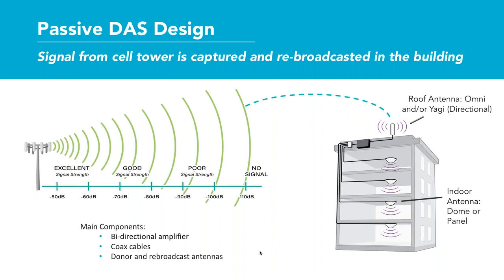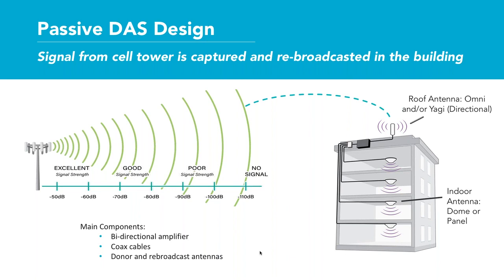It's rebroadcast through the coax cable, which is typically an LMR400, to the BDA, the bidirectional amplifier. From there, it's sent back through the coax cables to the antennas that are networked throughout the building, and the signal is rebroadcast inside the building from those antennas to your device, and it's also boosted signal back to the cell tower. So you're getting both the downlink and the uplink gain.